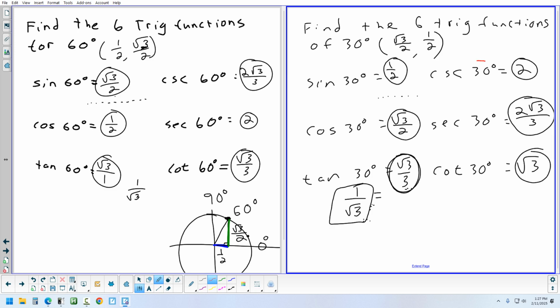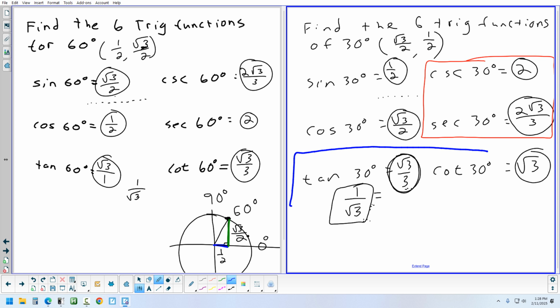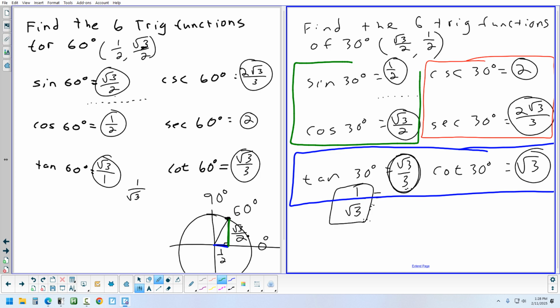Yeah, the cosecant and the secant, those 2 answers switched between 30 and 60. What are 2 other ones that switched? Tangent. Yep, the tangent and cotangent. And then the sine and the cosine. If you read those functions, there's a pattern to which one switched.